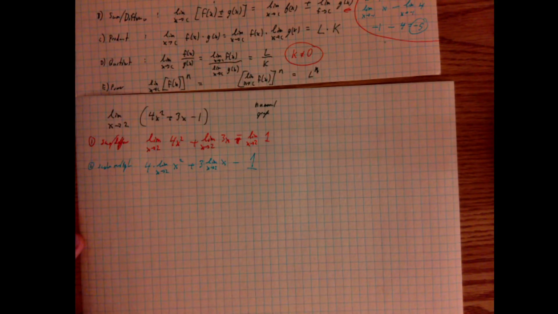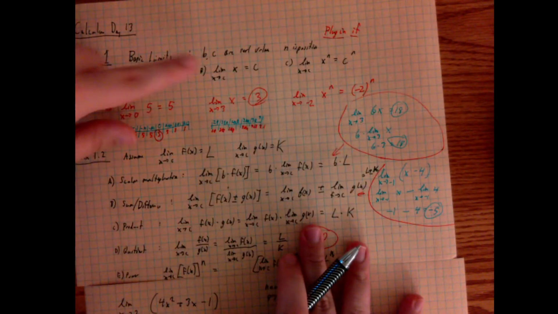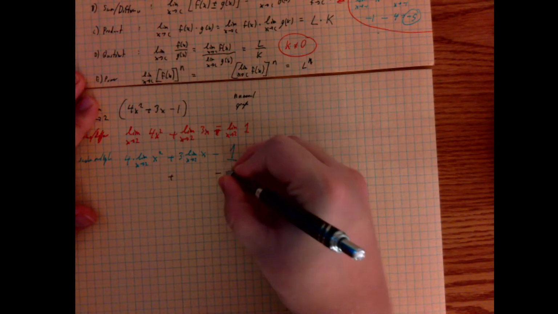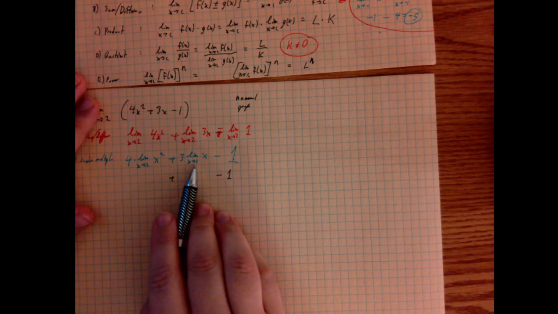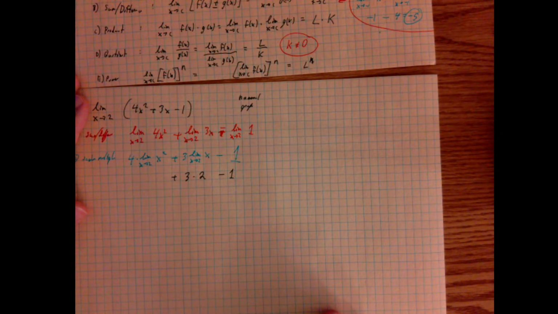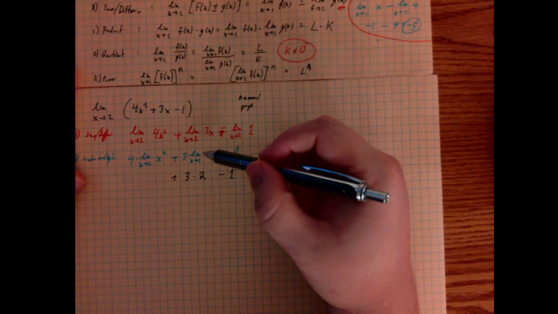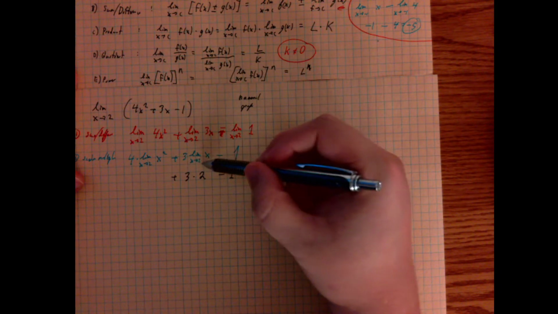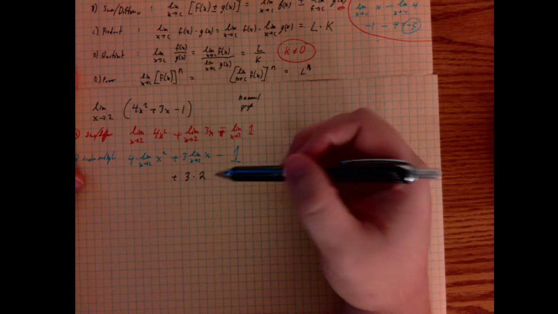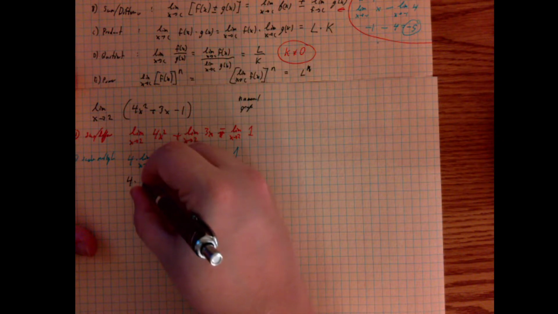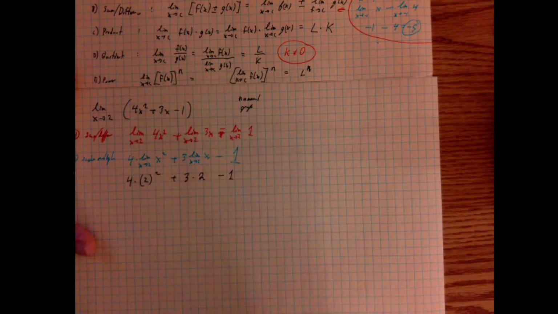Now, according to the other parts of our theorem, the limit of x is just c, so 3 times this limit would actually be 3 times 2, because according to the second part of theorem 1, the limit as x approaches 2 of x is just the number 2. Over here we can do the same thing using the third part, which would become 2 squared.